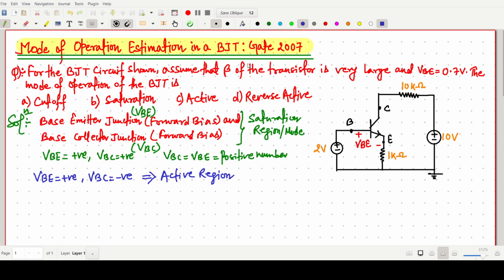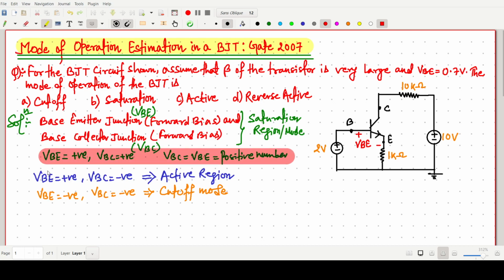Now the last one: when both the base emitter junction and the base collector junction are negative, it should be in cutoff mode.